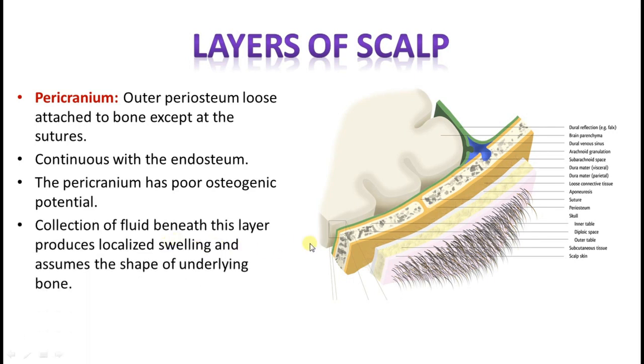So beneath this layer it produces a localized swelling, because at certain parts at the periphery of the bone, this periosteum is tightly adhered to the sutures. So naturally that swelling might assume the shape of the bone. So that is about the fifth layer of scalp, which is the pericranium.